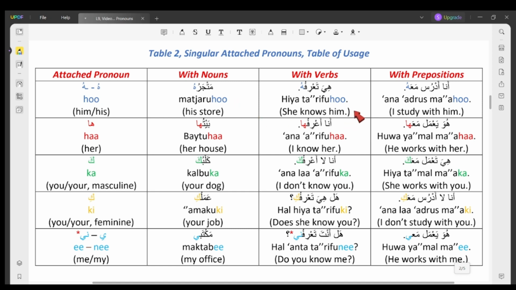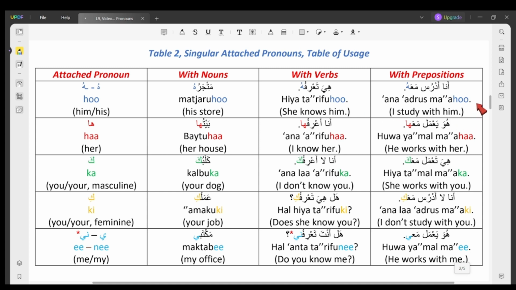Next, let's see how we can use it with a verb. Our verb here is ta'arifu. This means she knows. So in the sentence, hiya ta'arifuhu, what we're saying is she knows him.